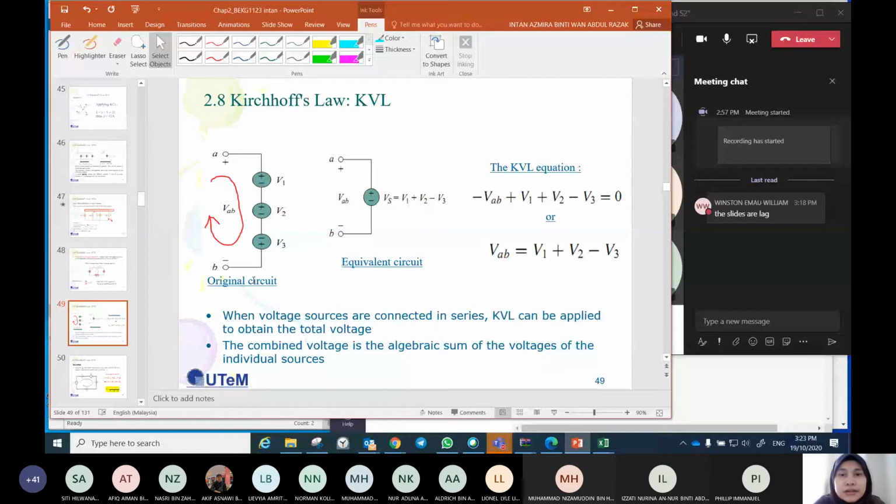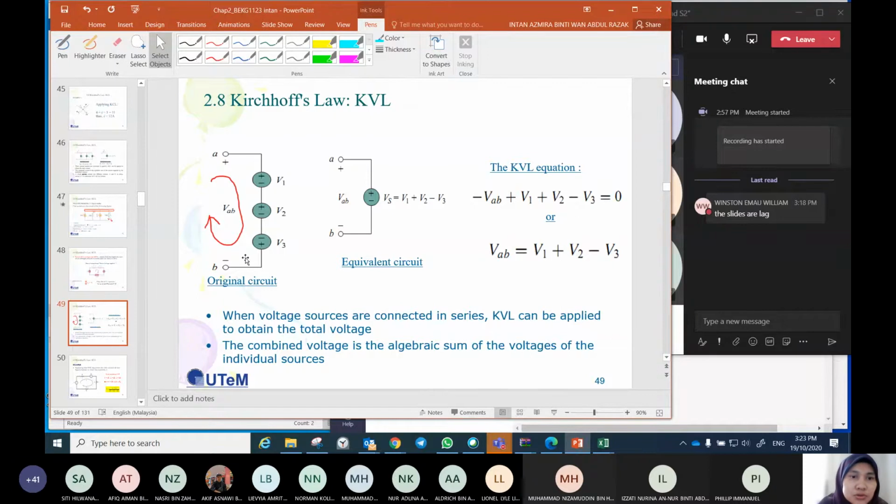Or you may write the KVL equation, depending on the sign that I have mentioned just now. Let's say we start with VAB. VAB is here. Minus is the first sign. Let's say we use the first sign, so you must be consistent to use the first sign for all elements. So minus VAB plus V1, plus V2 and minus V3.